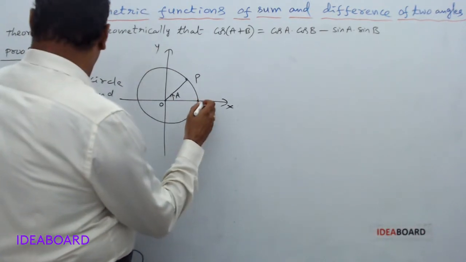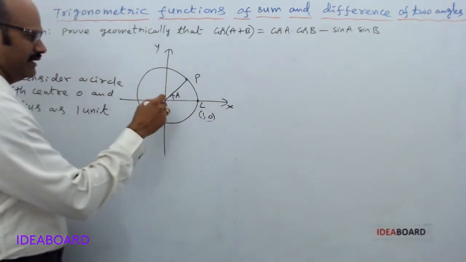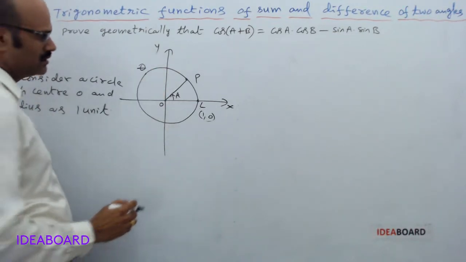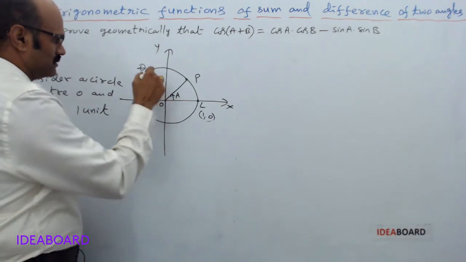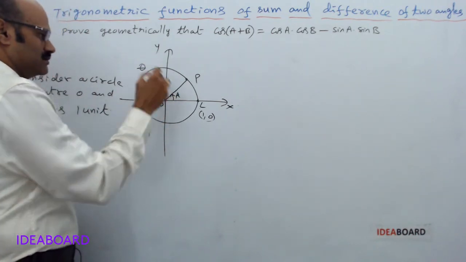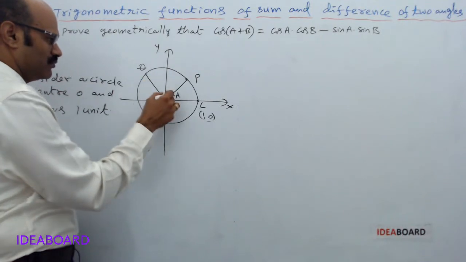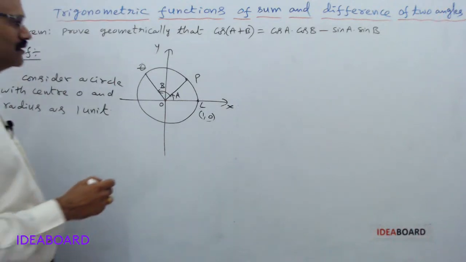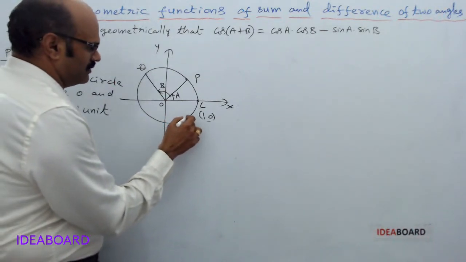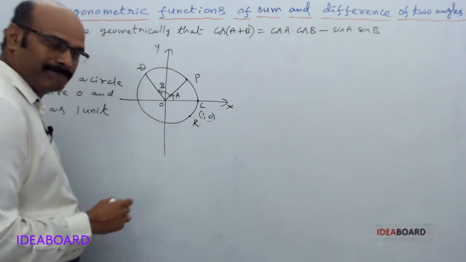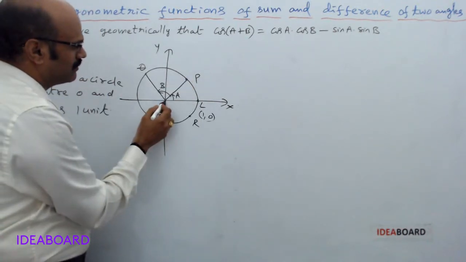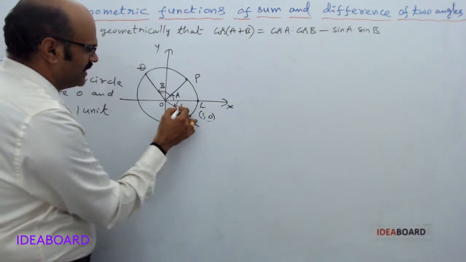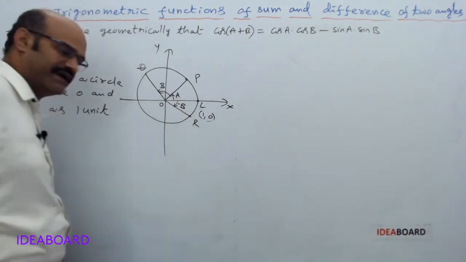I will call the point on the x-axis L. And here take one more point Q such that angle POQ equals angle B. Let me take one more point R such that angle LOR equals minus B radians.